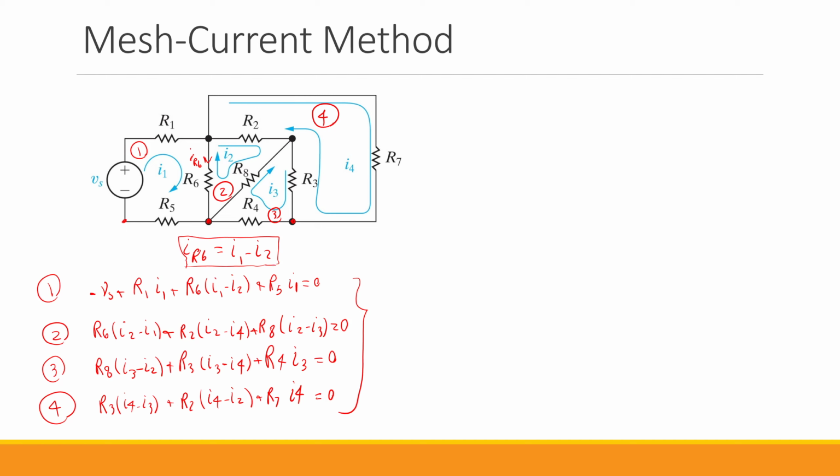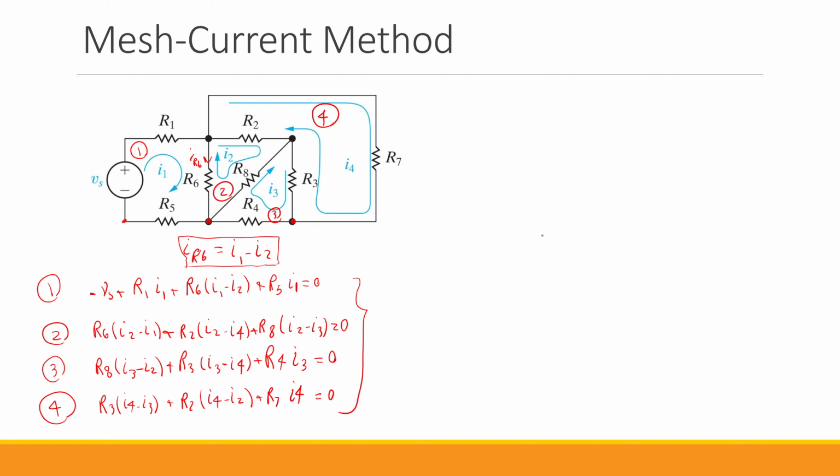It can be done after the fact. That's why we can call this an unnecessary equation. You find I1 through I4, and then whatever variable you have in your circuit can be easily calculated using basic algebra from these known variables.